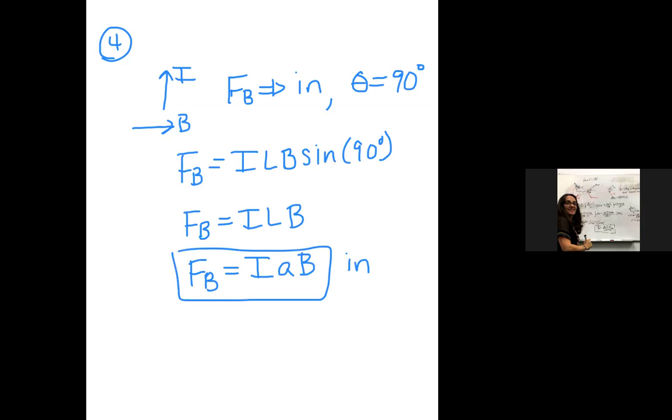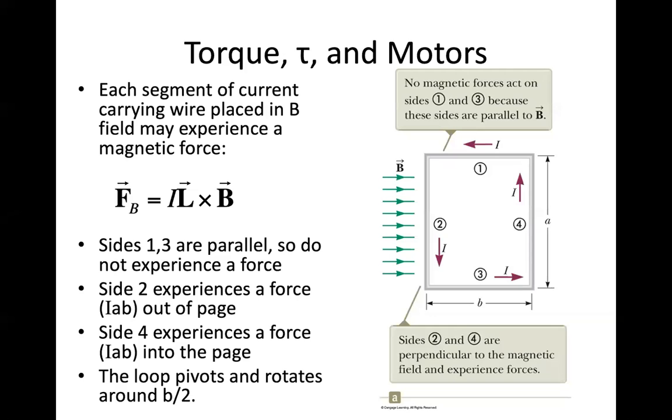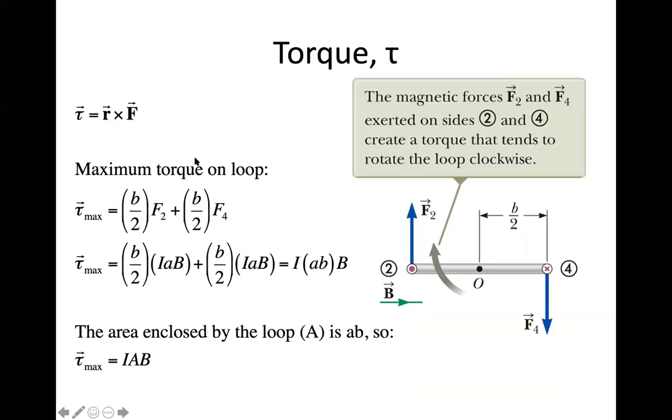So going back to our torque, the force is that IAB. The distance is this distance right here, which is B over 2.